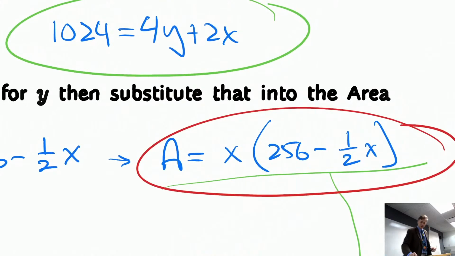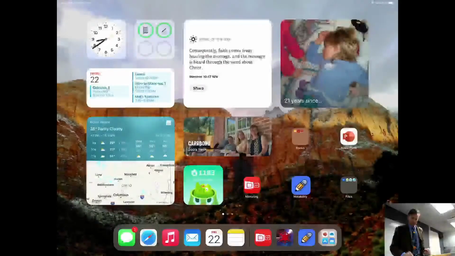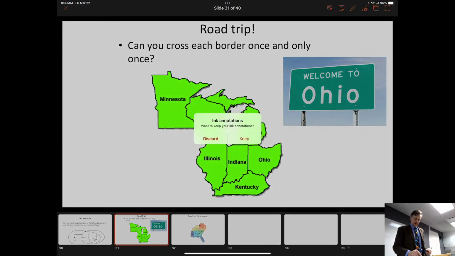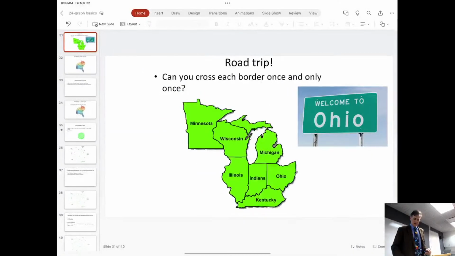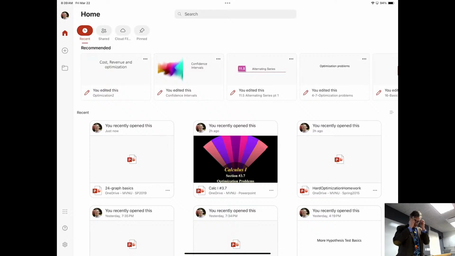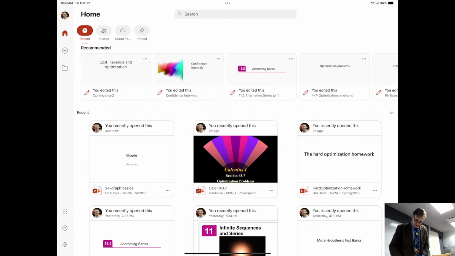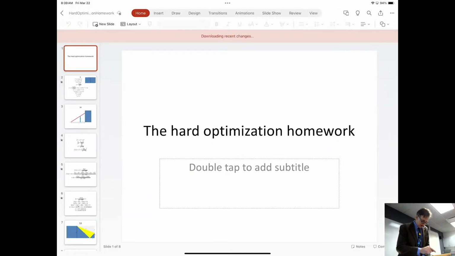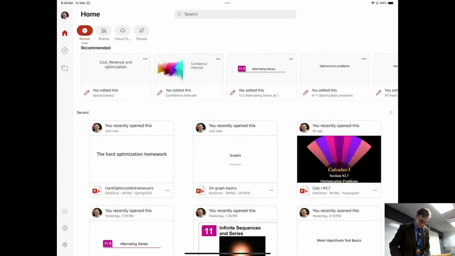Okay, so let me switch. I should have had this. I had most of it set up, but I forgot to do this one thing. Not that. Welcome to Ohio. Discard. Okay, let's go back here. That was for a different class. Is that like a variation on the seven bridges problem? It is amazing. Okay, here we are. Is this the one that has my stuff? No. I ended up opening way too many.